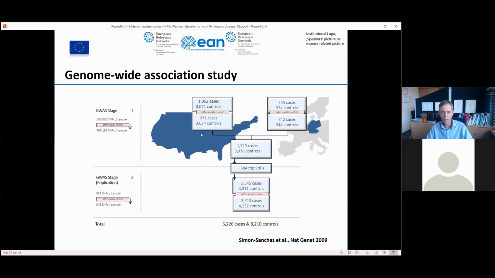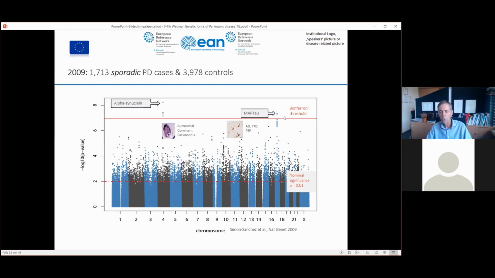That's one of the first that was published. And you can see that you need a lot of cases, 1,000 cases, 3,000 controls in the exploratory phase. Then you do a reproduction, a confirmation phase, and so on and so forth. And in this first study that was published in 2009, there were only 2 risk factors that were identified. And that's called a Manhattan plot.